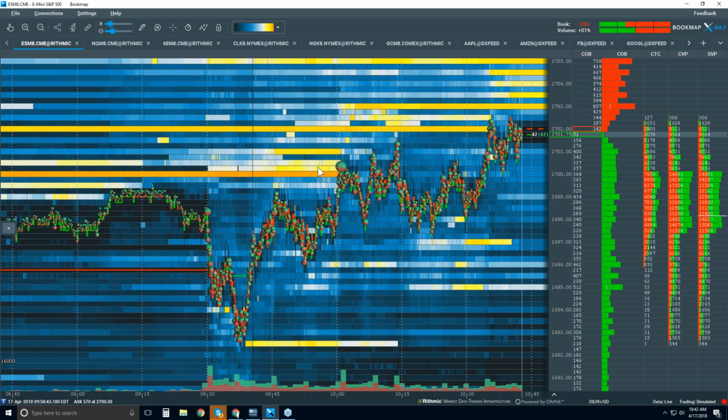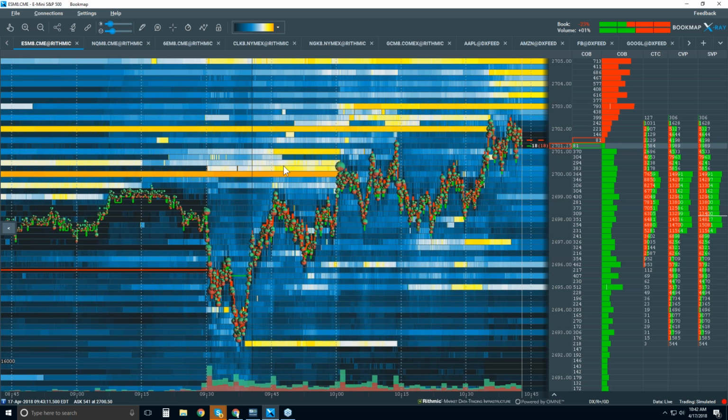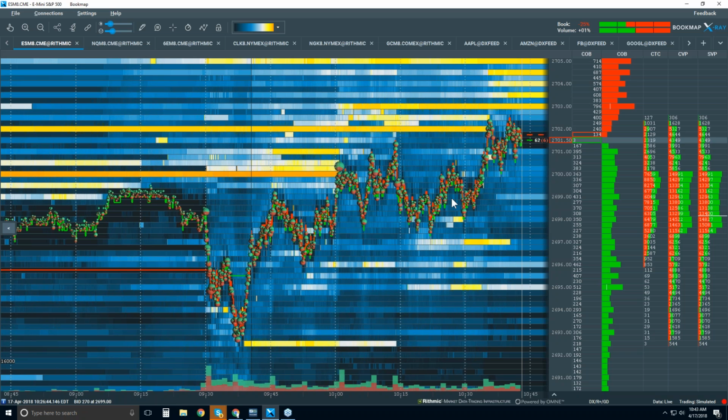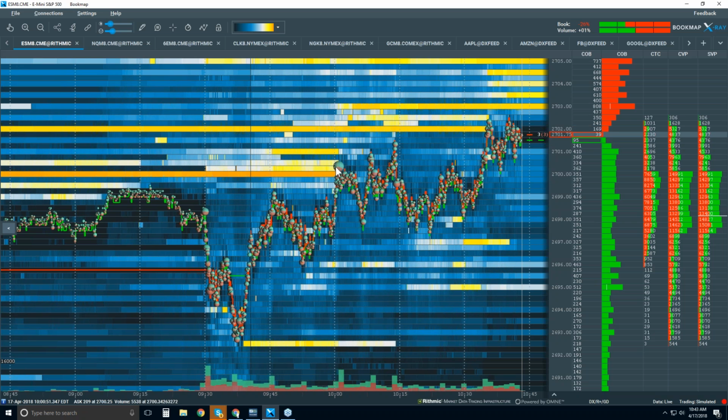You can see that at 2,700, the figure right here, there's always a lot of high liquidity there. Not always, most of the time. And you can see indeed this time was as well. Price came right into it and traded right into it. You see there's a lot of volume traded, a lot of action at this area. And you can see that we went sideways after that. A lot of traders absorbed the buyers here. I'll zoom in and show you some of the details in just a second.